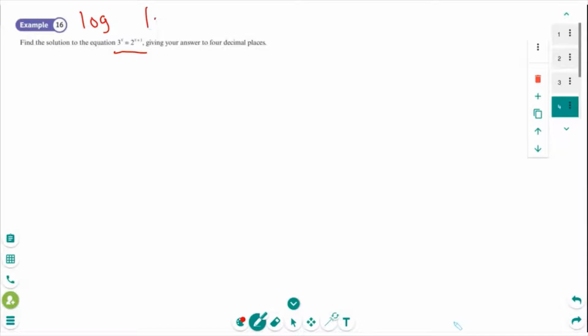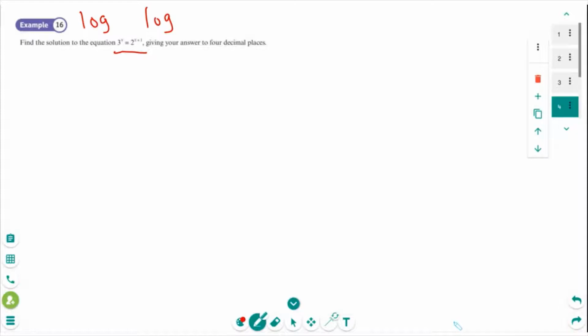You log both sides; you're allowed to do that. You can use any base when you log both sides, but you might as well just use log base 10. Log by itself just means log base 10. On the calculator, you should have a log button somewhere. Can you find it?